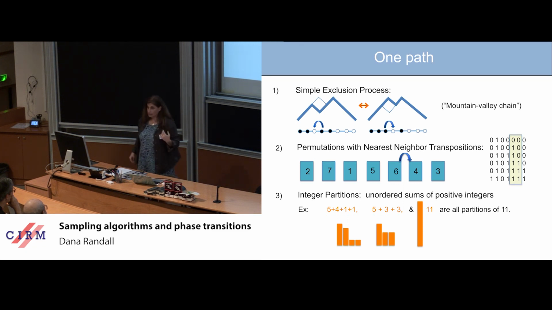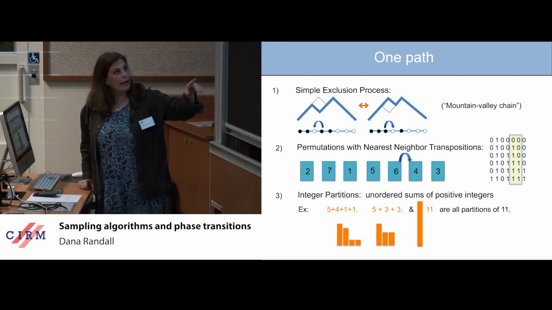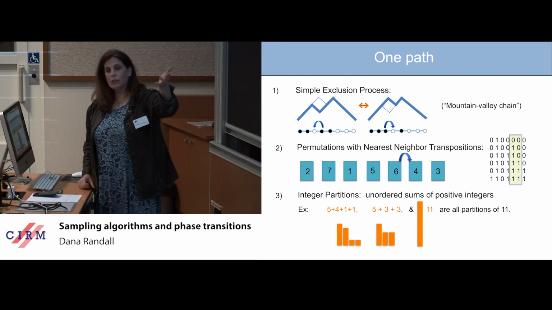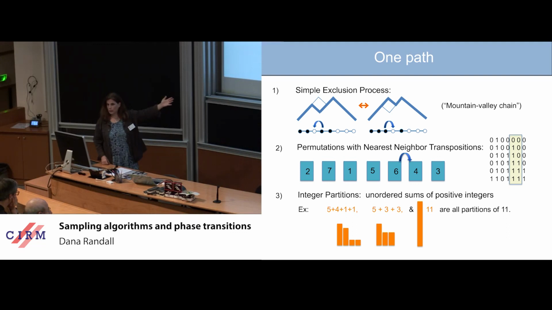And the last one, which is one of the problems that I'll be spending a lot of time on today, is integer partitions. Integer partitions are where I take an integer and break it into some number of integral parts, and sort them in order. The order of the pieces doesn't matter, so I might as well sort them. At the bottom, I have 3 different partitions of 11. One of them is just 11, and the other 2 are 5, 3, 3 and 5, 4, 1, 1.